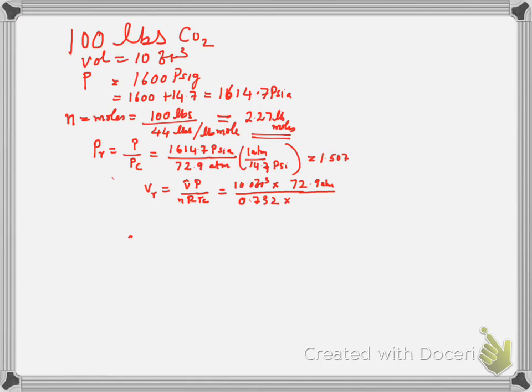That's what we will figure out. Instead of standard condition, we will figure out at TC. TC for carbon dioxide is 304.2 Kelvin.